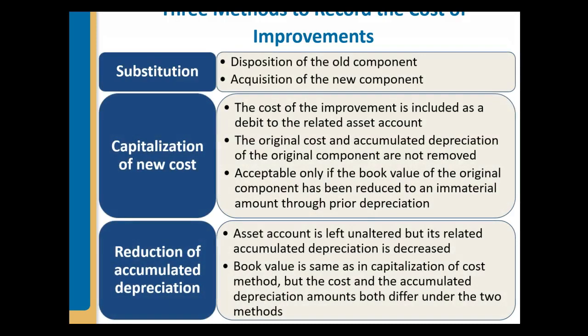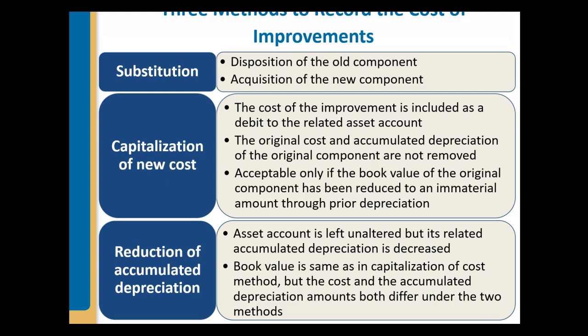So the improvement can be recorded as both a disposition of the old component and the acquisition of a new component. This approach is conceptually appealing, but it is practical only if the original cost and accumulated depreciation of the old component can be separately identified.